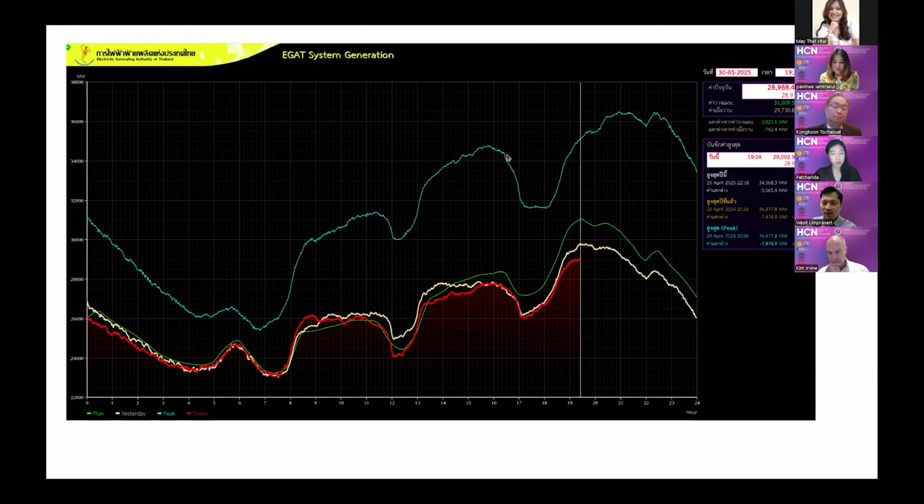This is really different from Europe. In Europe we have something called a duck curve, but this one is not slightly, it's significantly different. It peaks around 22 o'clock at night.